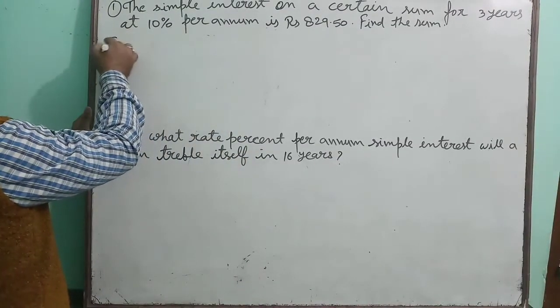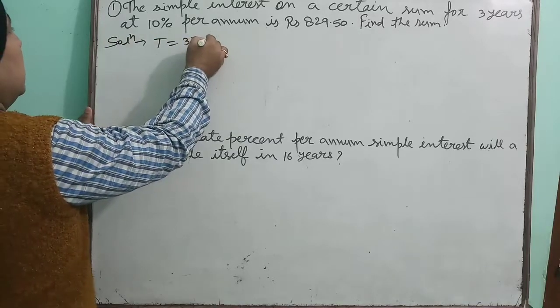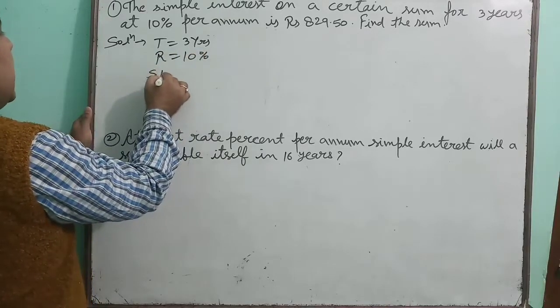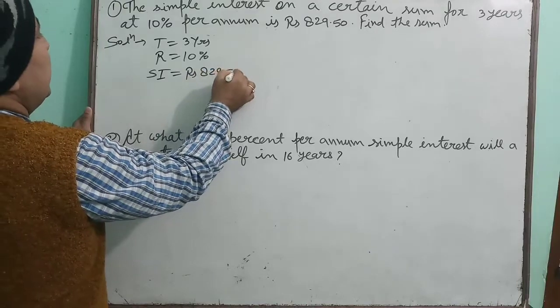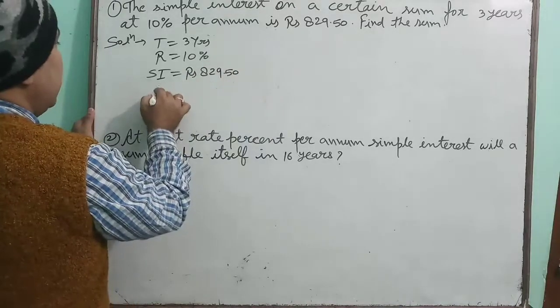So first note down these things. Time is 3 years, rate is 10% and simple interest is rupees 829.50.